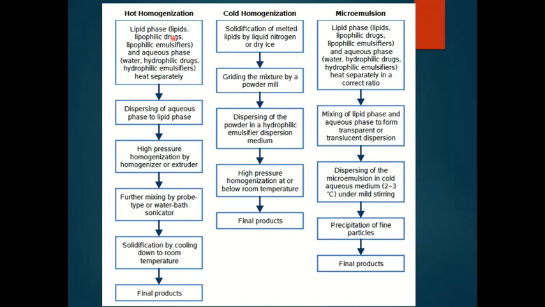So the first thing in hot homogenization is you have to prepare a lipid phase, which consists of lipids, the lipophilic drugs and lipophilic emulsifier, and then an aqueous phase. If you want to incorporate hydrophilic drugs, they should be dissolved in water along with the surfactant solution.